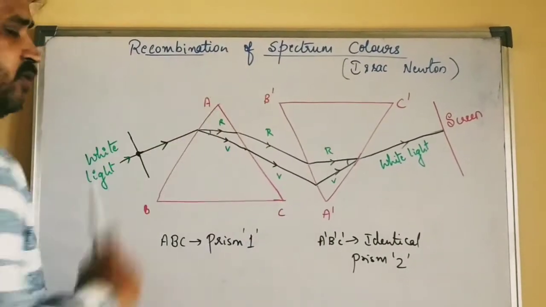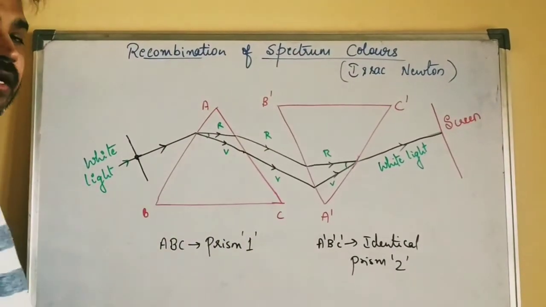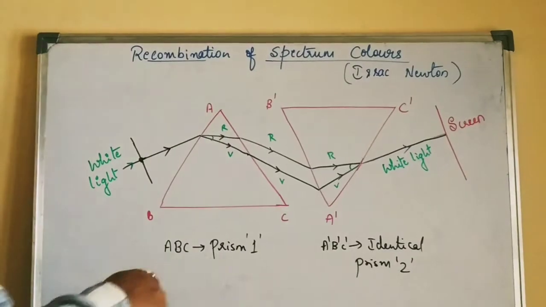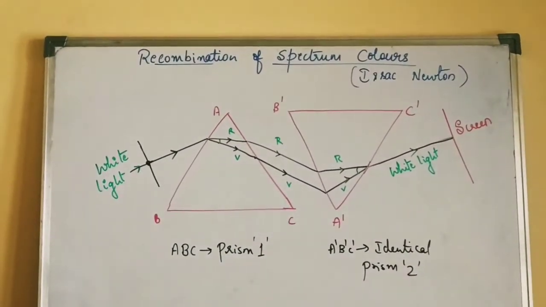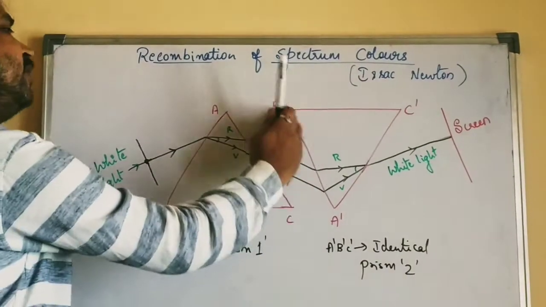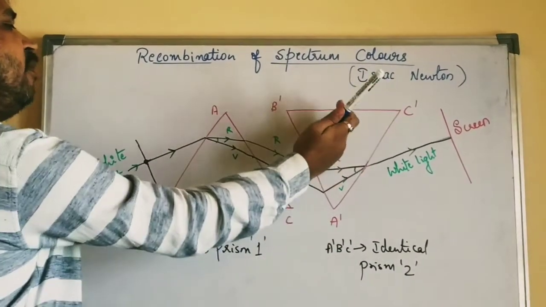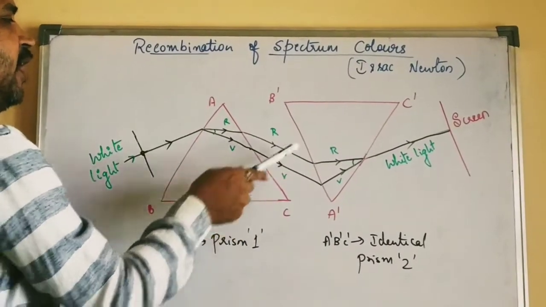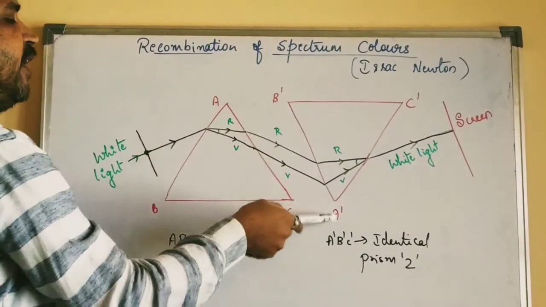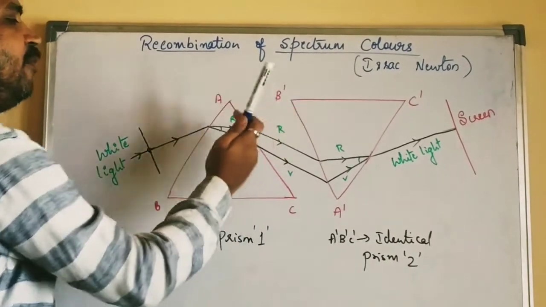He kept it close, because he wanted to observe whether these spectrum colors would undergo recombination. After keeping this identical prism laterally inverted in the opposite direction, you can see the lateral surface AC and another lateral surface A dash B dash, very close and opposite to each other.